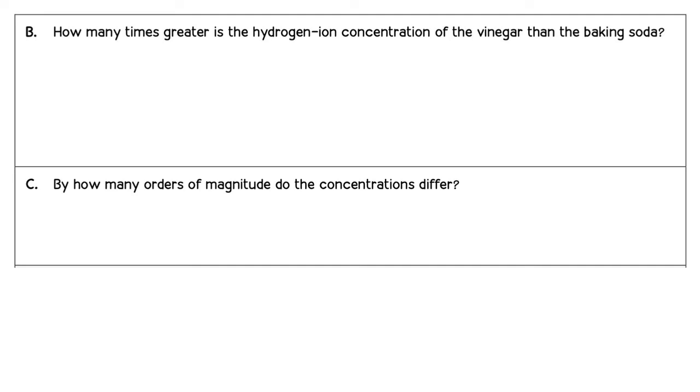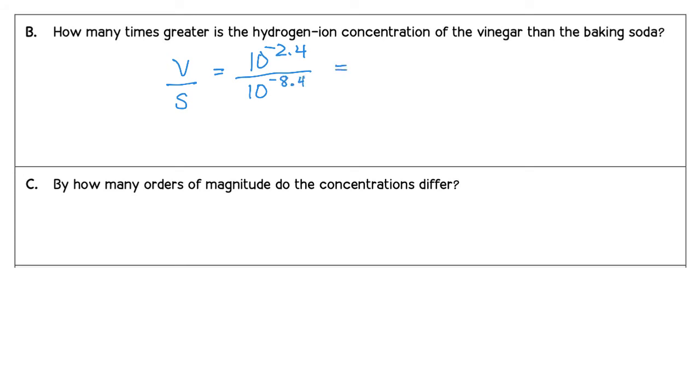All right, how many times greater is the hydrogen ion concentration in the vinegar than the baking soda? So you're looking at your exponents there. So you had vinegar to the soda is 10 raised to the negative 2.4 compared to 10 raised to the negative 8.4.